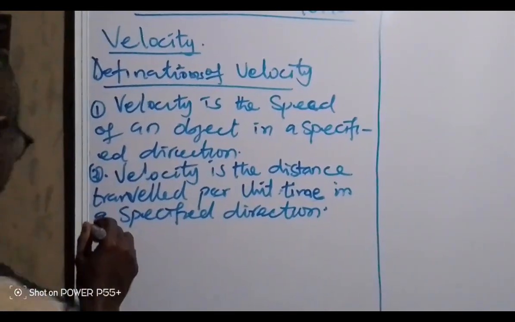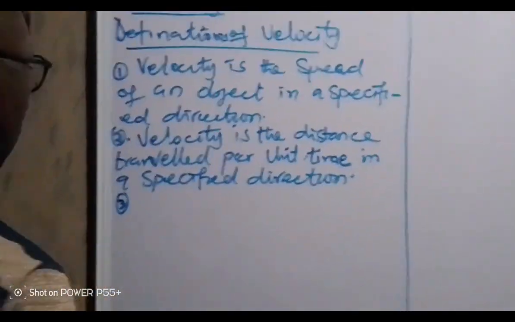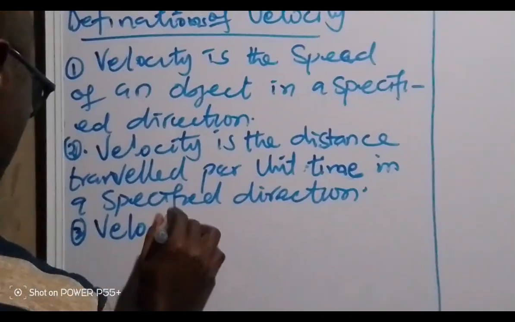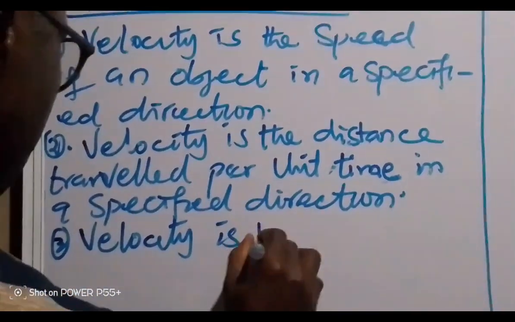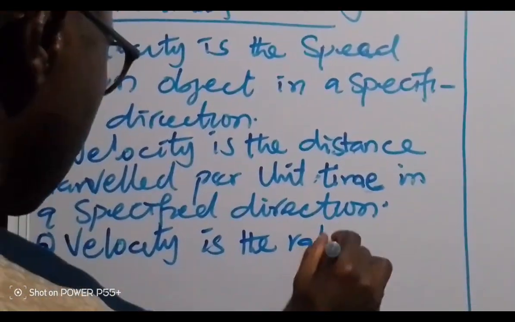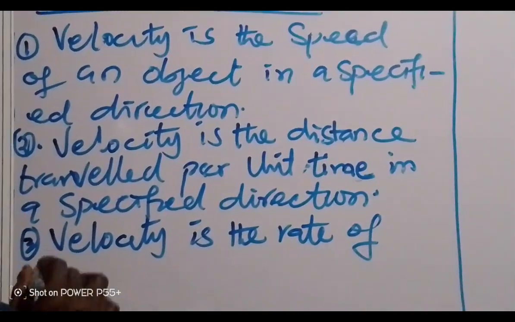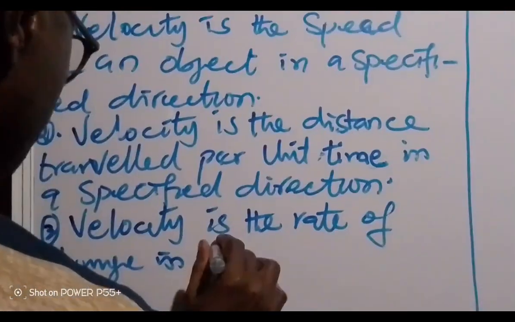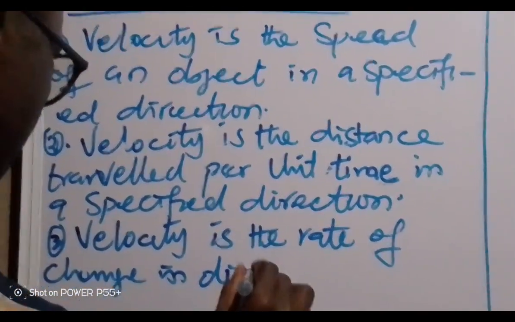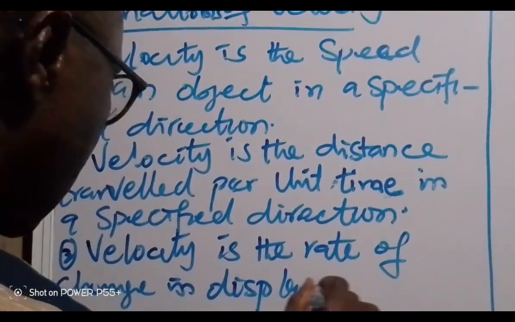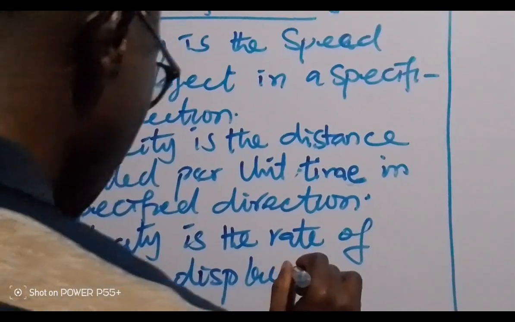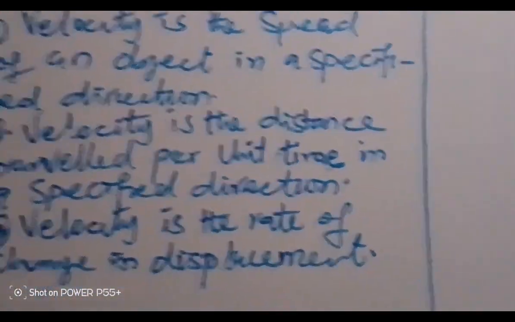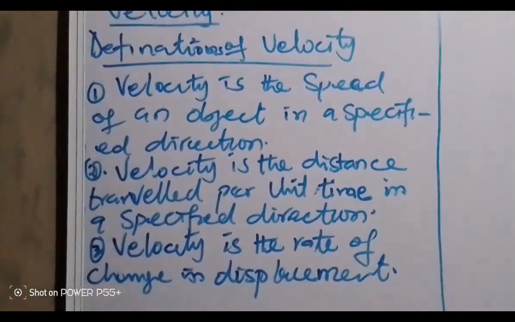So another definition, number 3, we can say velocity is the rate of change in displacement. Rate of change in displacement, that is rate, already time is there.